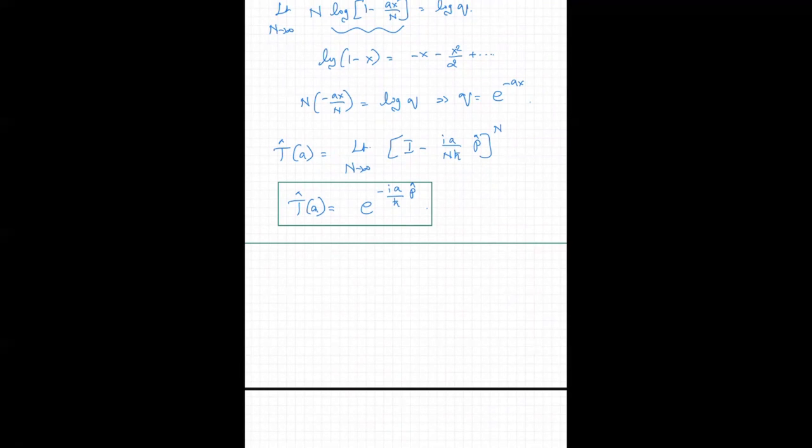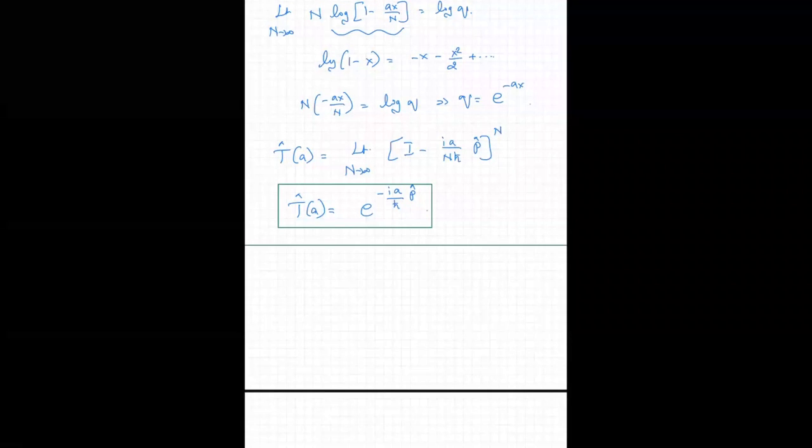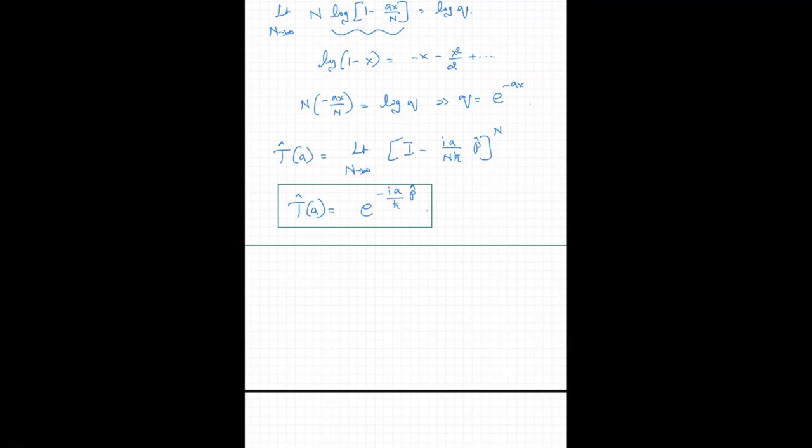In quantum mechanics, there is nothing wrong with starting with this kind of operator, e to the minus i a over h-bar. Suppose by some magic you already knew this form of the operator, then you would argue that you don't need to know about generators and things like that. So why do you even need generators? Because if you want a very small transformation, you will just put a equal to 10 to the minus 56 or whatever it is.